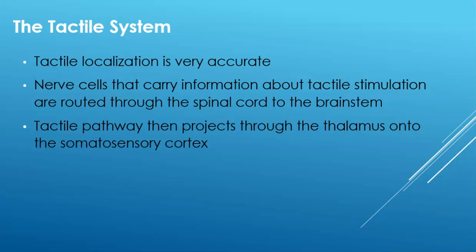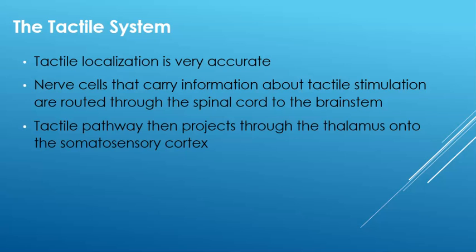So for instance, we have more tactile receptors in our fingers and hands than we do, say, on our arm, just because we use our hands for so much that we need all of those different types of tactile receptors.